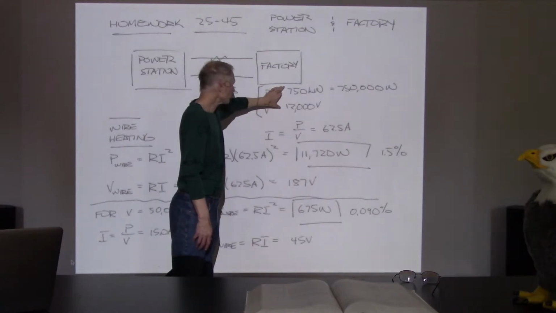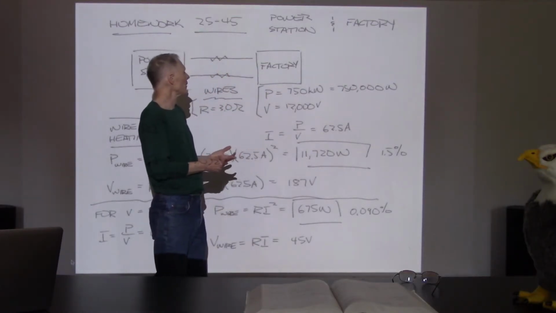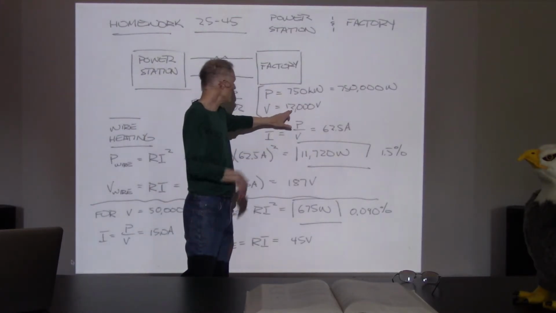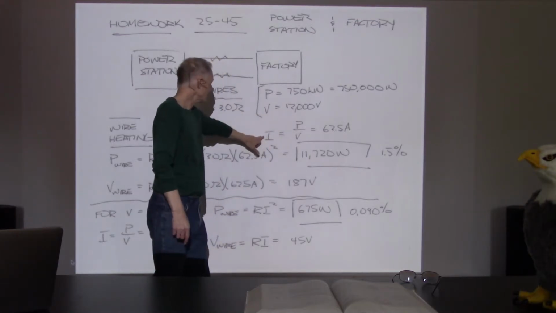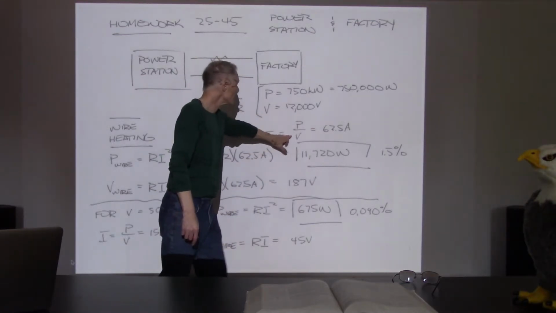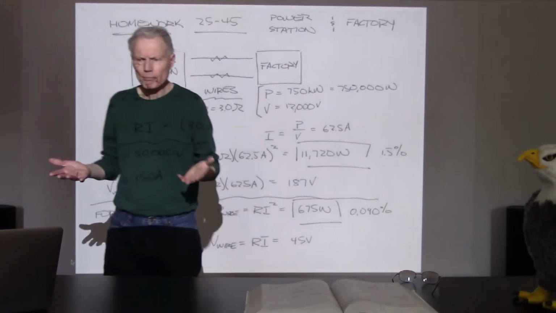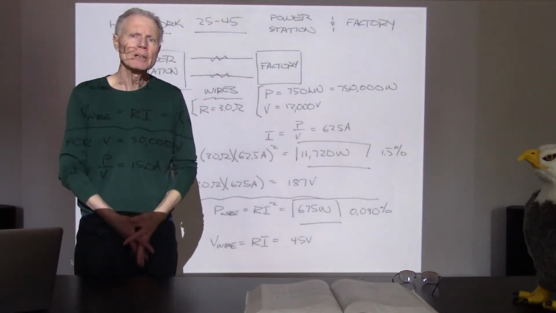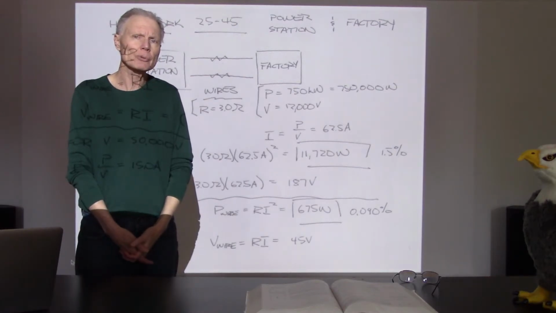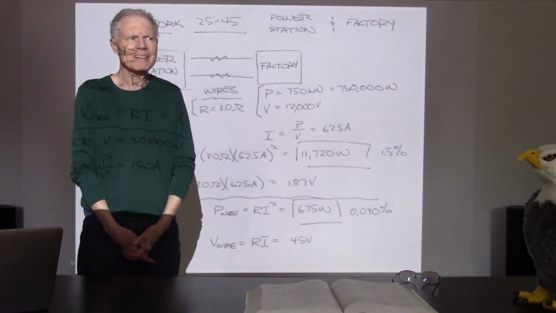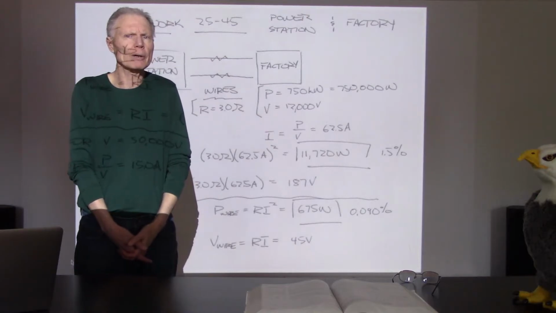If the factory is using 750,000 watts and it's being supplied at 12,000 volts, I can calculate the current as P over V, and that says that the total current passing through my power station is 62.5 amps.